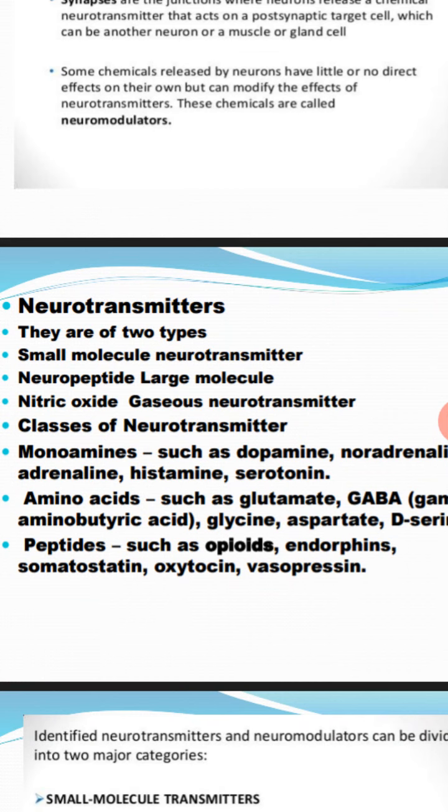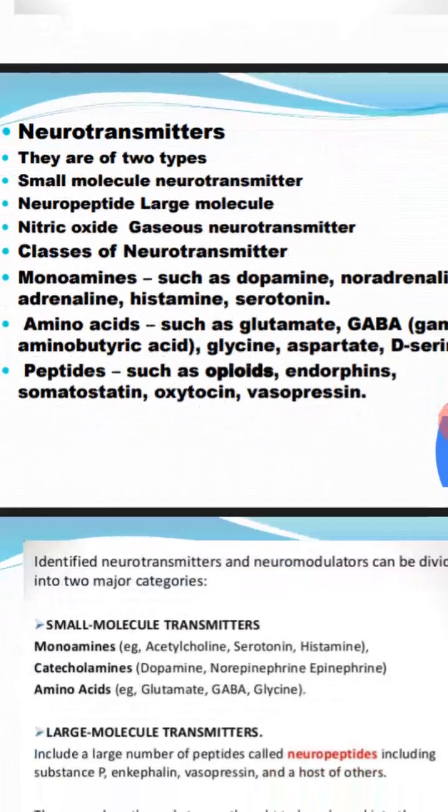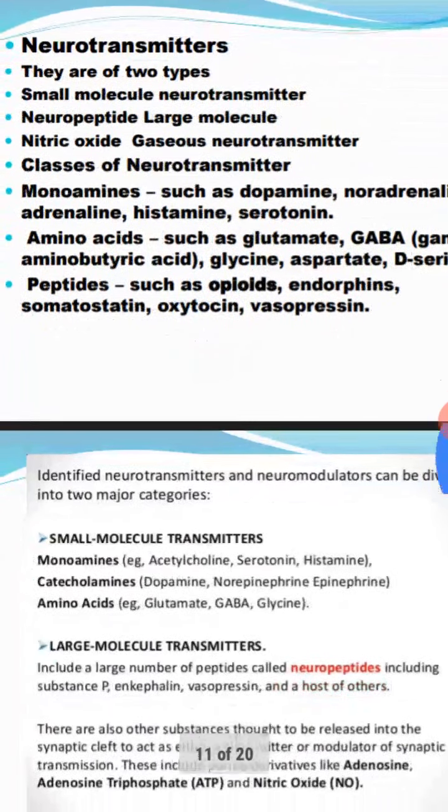Then amino acids such as glutamate, GABA, gamma aminobutyric acid, glycine, aspartate, D-serine. Then peptides such as opioids and endorphins, somatostatin, oxytocin and vasopressin. Some hormones also behave like neurotransmitters.